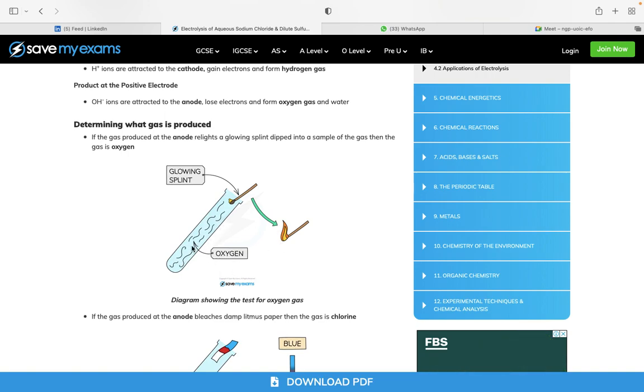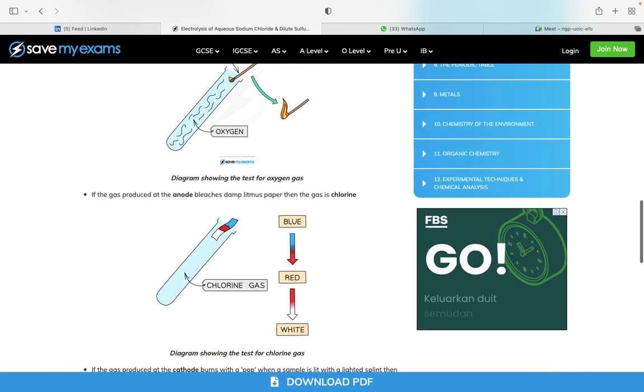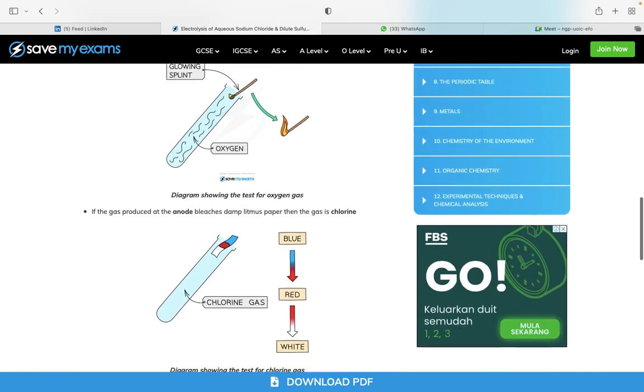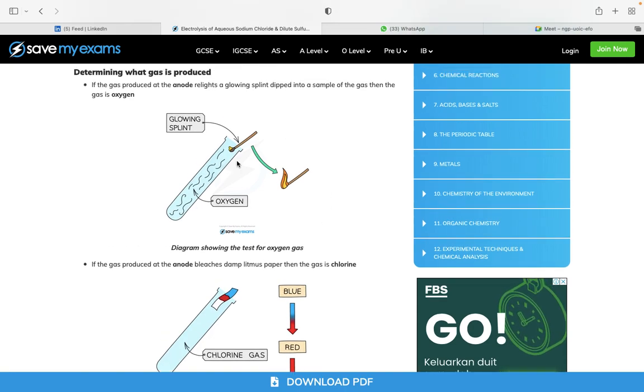Then you know that the gas in this test tube is oxygen, because oxygen completely supports combustion. Now what if we bring it towards it and the matchstick goes off? So it means it's not oxygen.